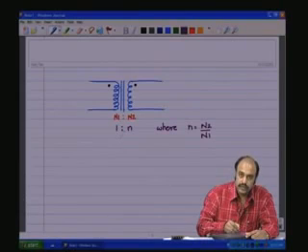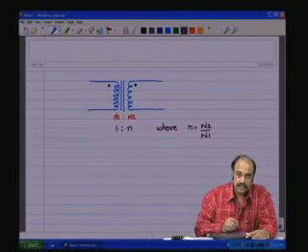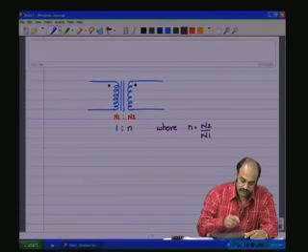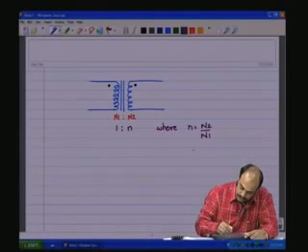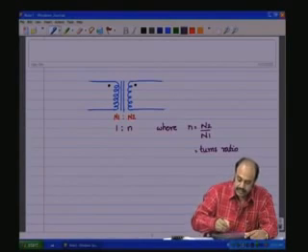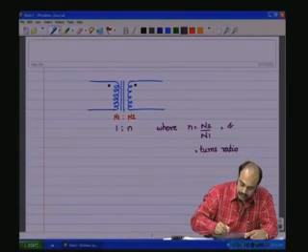This is also a frequent representation of the transformer. Instead of the actual number of turns, they provide the turns ratio. N is called the turns ratio, the secondary number of turns to the primary number of turns.